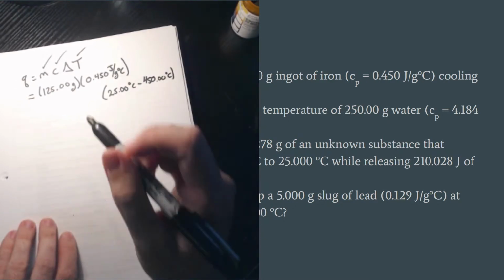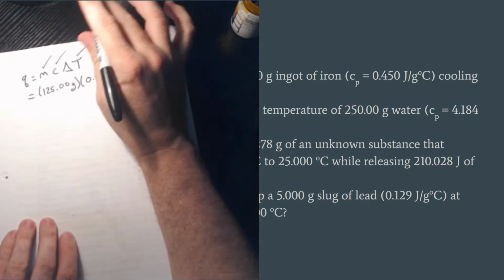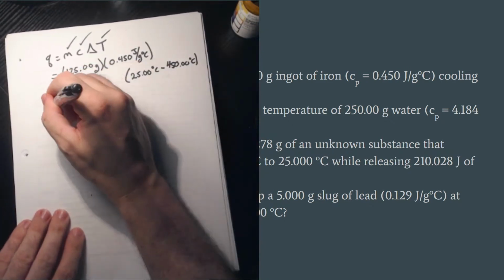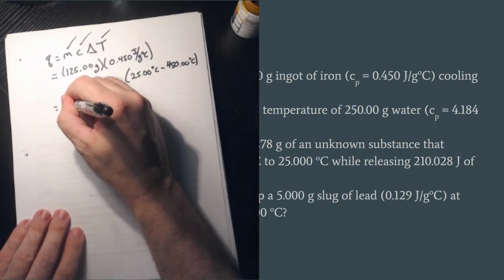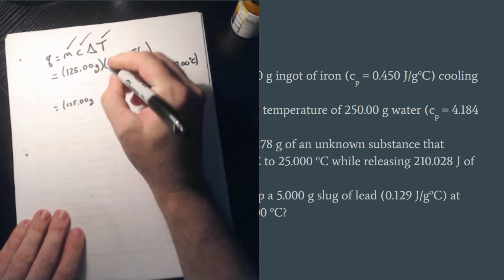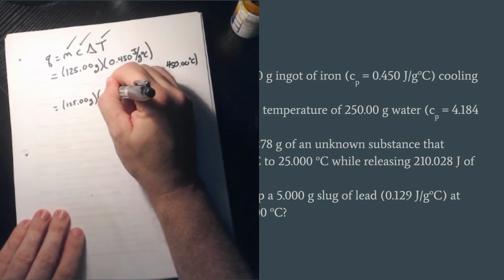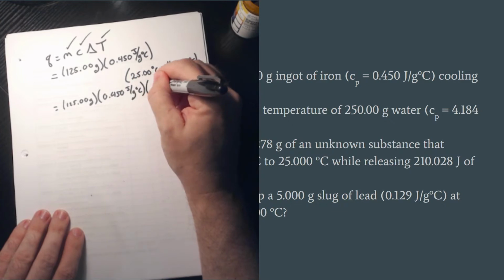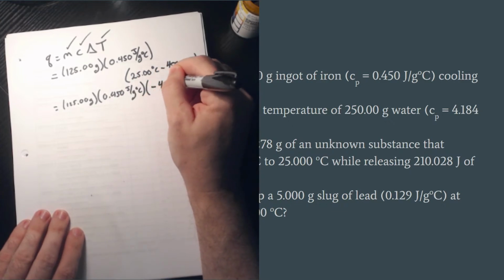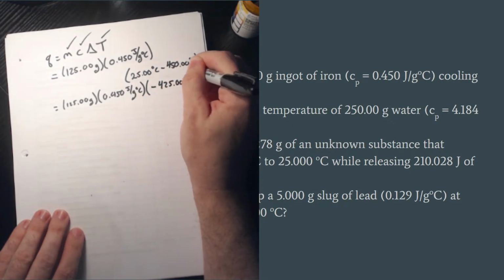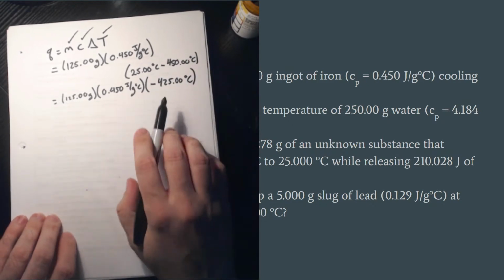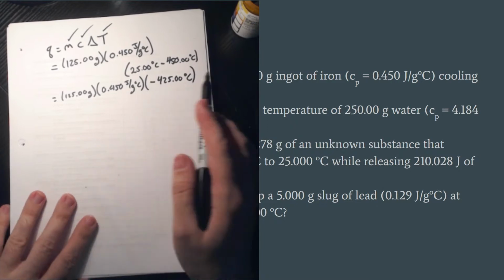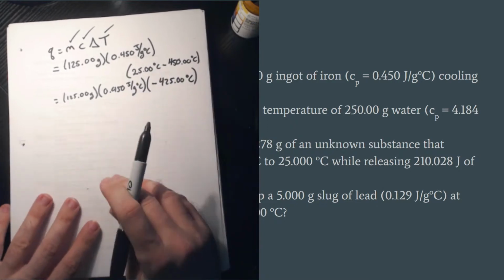Delta, that change always means final minus initial. All right. So that means that we're looking at 125 grams times 0.450 joules per gram degree Celsius times negative 425 degrees Celsius. Okay. This means that we're going to have a negative number for our heat, and that is what we should expect. It's cooling down. It's losing energy to its surroundings.